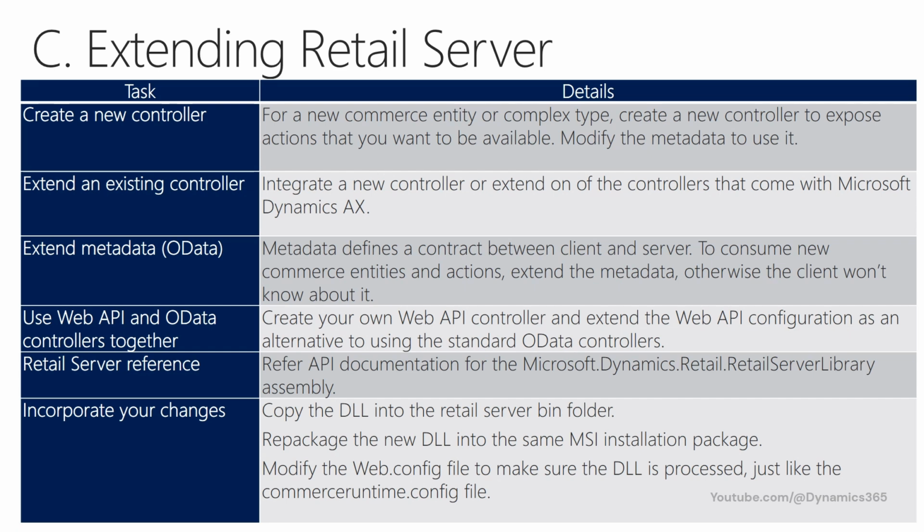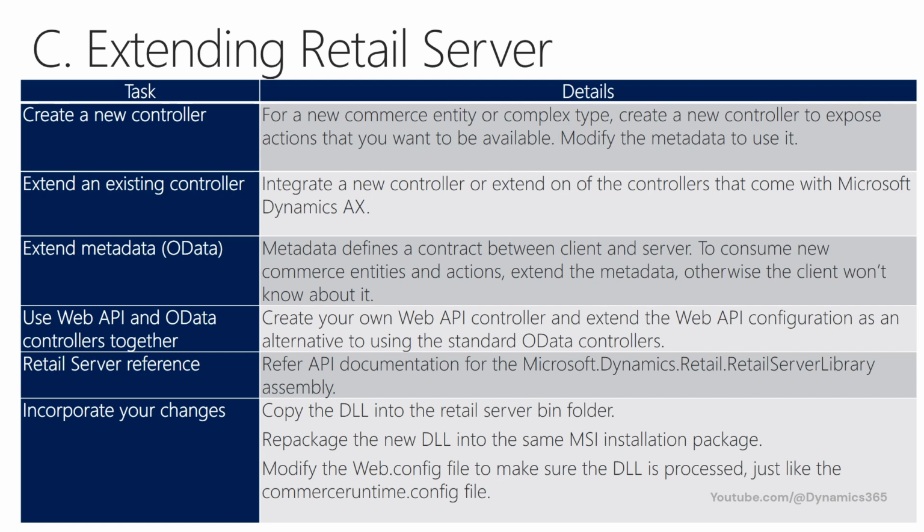After you create a new controller, you must modify the metadata to use it. Extending an existing controller. You can integrate a new controller or extend one of the existing controllers that come with Microsoft Dynamics AX. If you add a commerce entity or action, you must modify the metadata to use it.